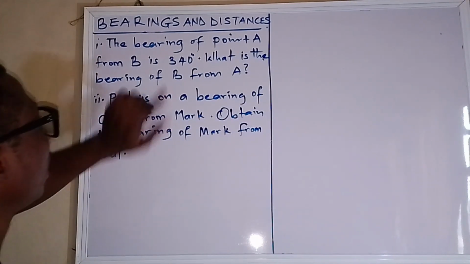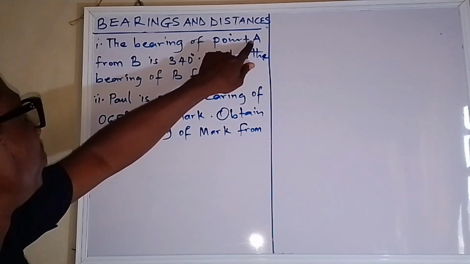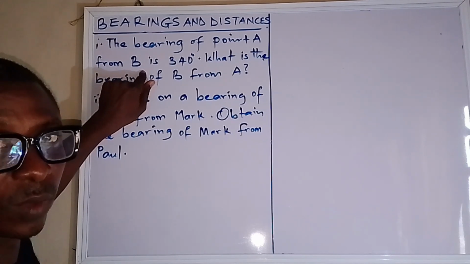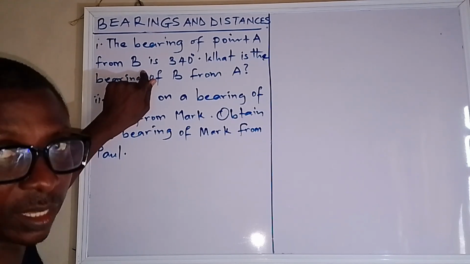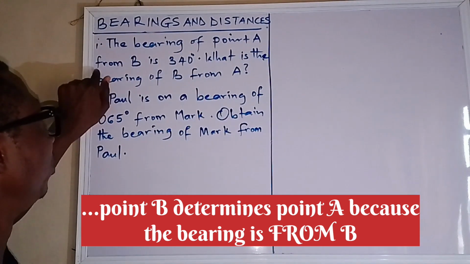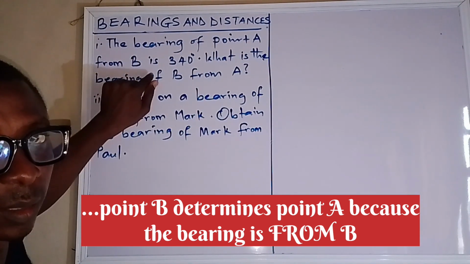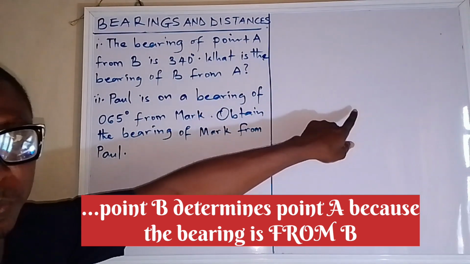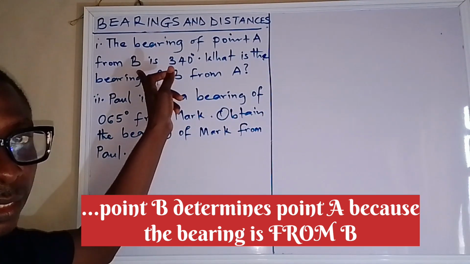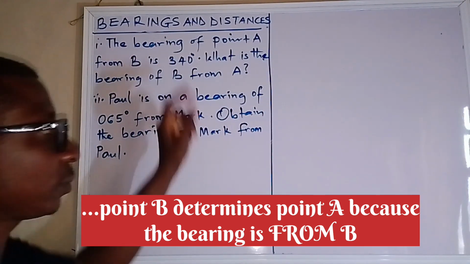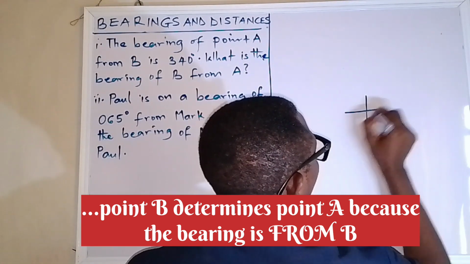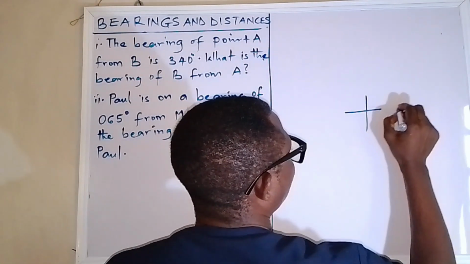Because A will take the bearing of A from B. So if we don't know where B is, we cannot take the bearing of A. So A takes its bearing from point B. So that means the first point we are going to draw between A and B is B. So this is point B.